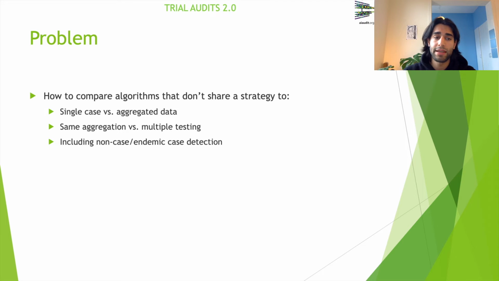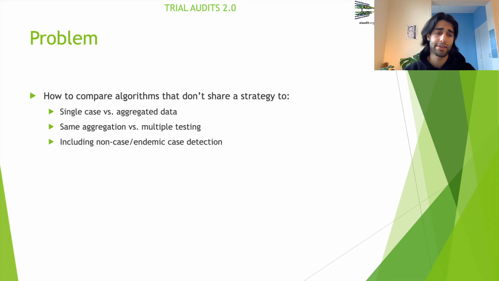There are algorithms that will always look at one single kind of aggregation. So comparing this algorithm would only be meaningful if you compare it to an algorithm that runs on the same aggregation. There are algorithms that will look for different kinds or many aggregations at the same time and apply multiple testing to find outbreaks.